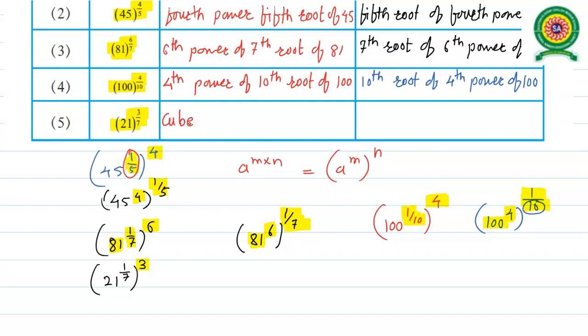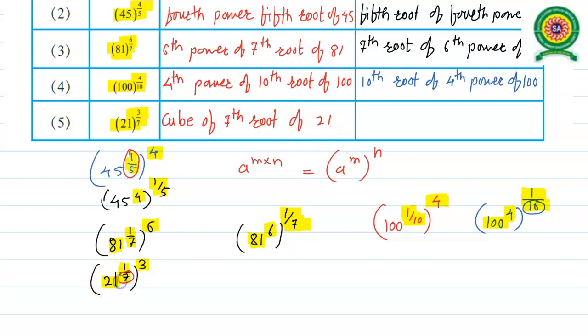Keep in mind, once the second power we are having, we read it as a square. Third power we are having, we read it as a cube. So cube of whom? Now the power becomes 1 by 7, rational number, so it is 7th root. Now look at the denominator, it is 7, so 7th root of whom?